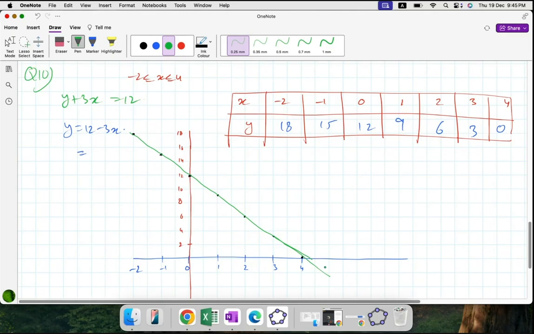Yes, now this is set. This is how it would look like. Yes, negative 18, and the y-intercept is 12 and the x-intercept is 4.